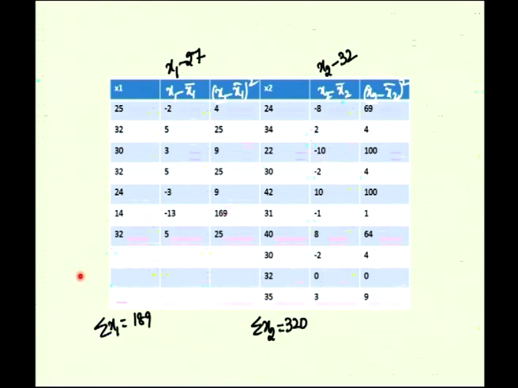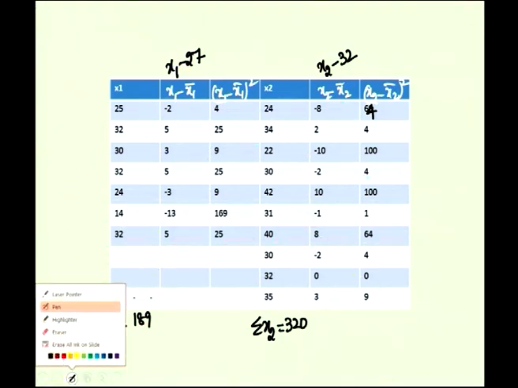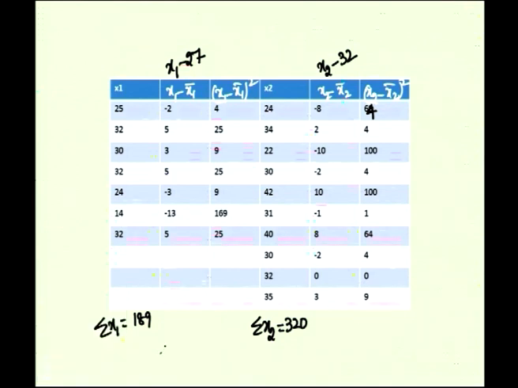And then its square values are 8 square is 64, 2 square is 4, and like that this tabular column is formed. So summation x2 minus x2 bar whole square is equal to 350.